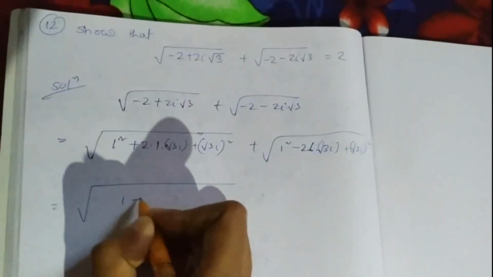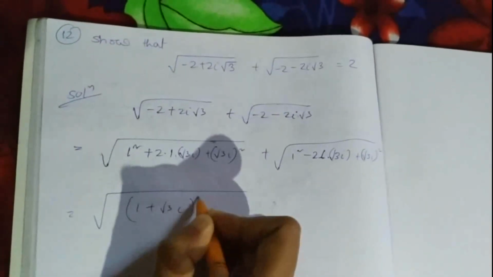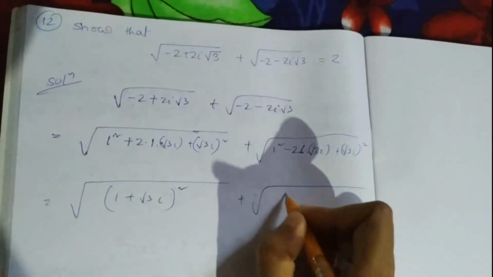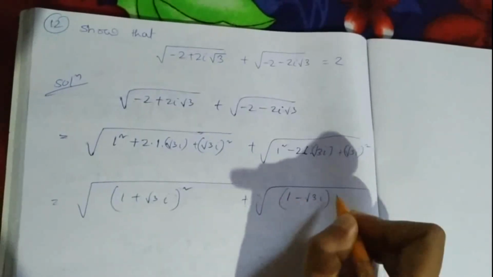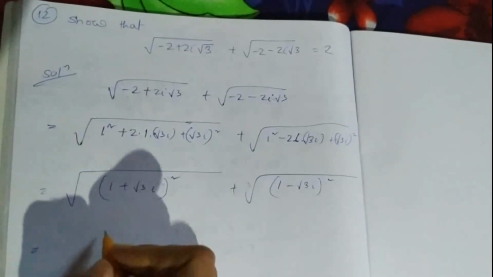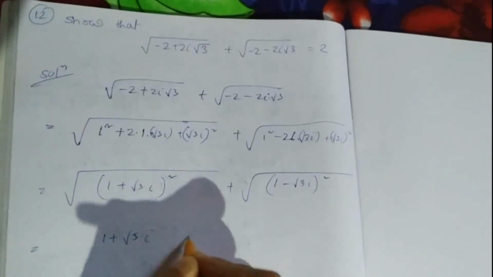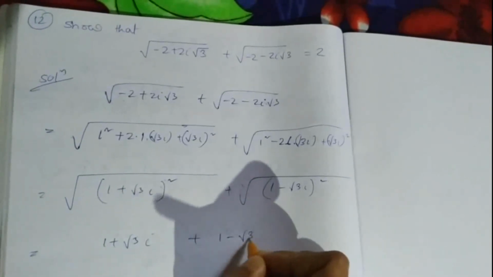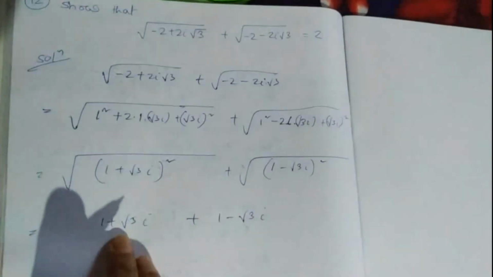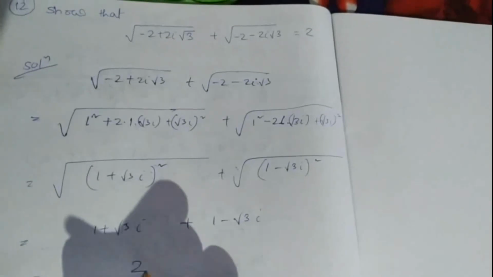So it will be root of (1 plus root 3i) whole square plus root of (1 minus root 3i) whole square. So this square and root get cancelled out, 1 plus root 3i plus 1 minus root 3i. So this root 3i gets cancelled out, so ultimately the answer is 2.